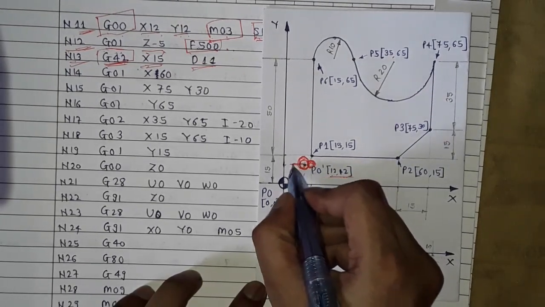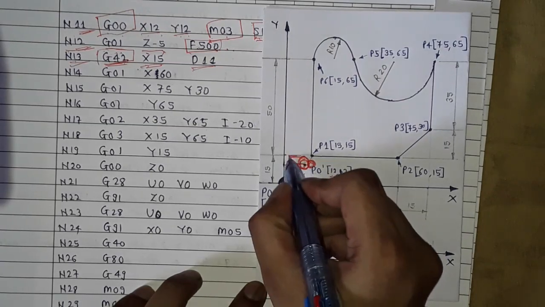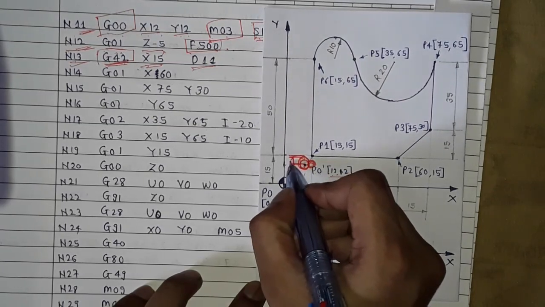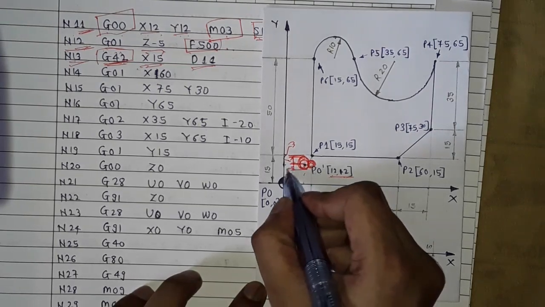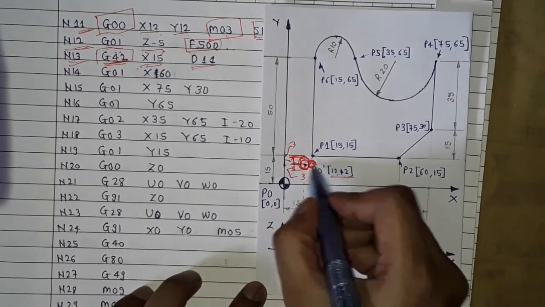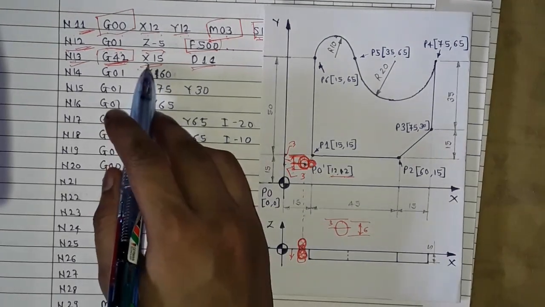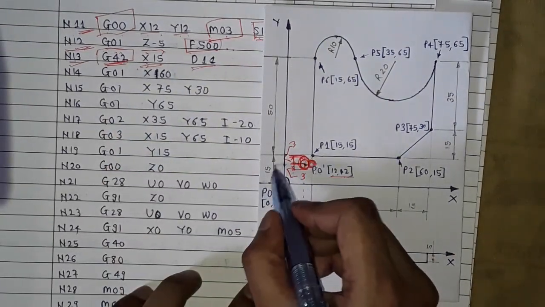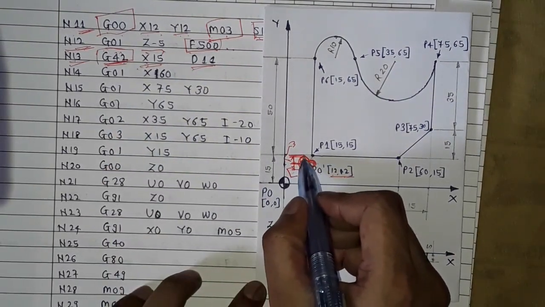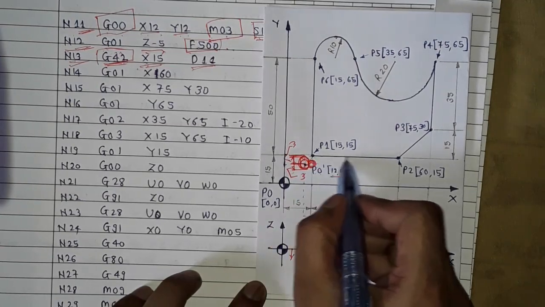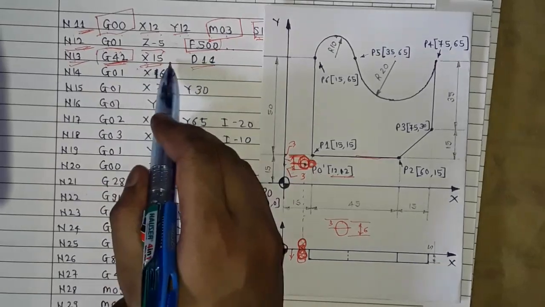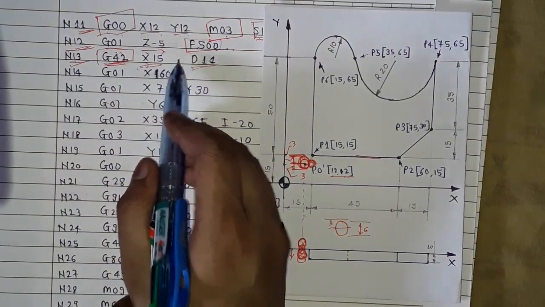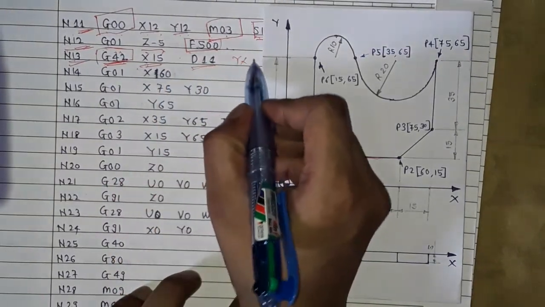At this point it has a radius of 3, and below it is 3. Now see here, our cutter will touch this line when it moves in the rightward direction. So that we have not given here. Why is it not given here?